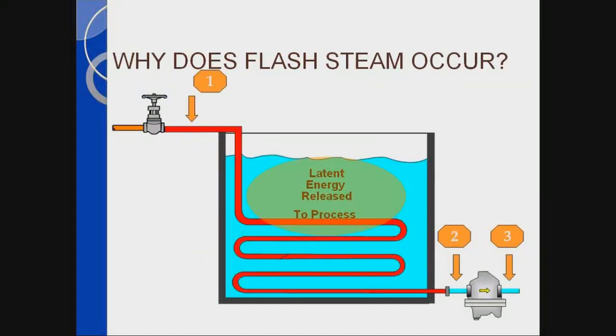Flash occurs as follows. Look at item 1: that's 100 psi steam coming into the process. 100 psi steam is going to be 338 degrees. It releases its latent energy and condenses down into condensate, which is also 338 degrees Fahrenheit. So at point 2, the condensate goes to the steam trap at 338 degrees.